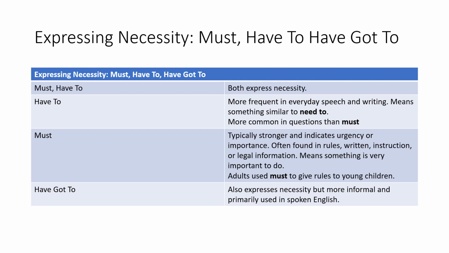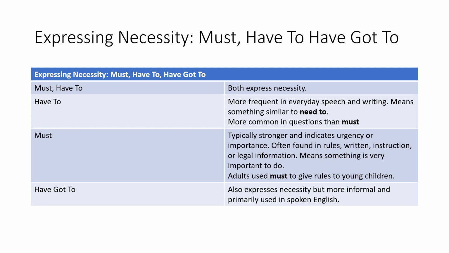It's also the one that is used in questions more commonly than must. Must can be used in questions, but in American English, you're not going to use must very much in them. The word must typically has a stronger meaning when you're talking about necessity, and it indicates that there's an importance to it. Oftentimes in writing, you're going to see it in rules, written instructions, or legal information.